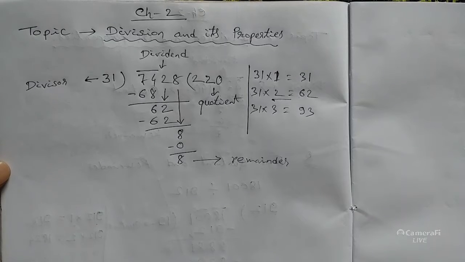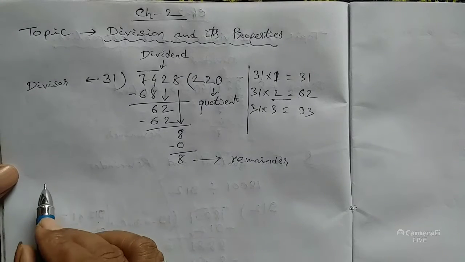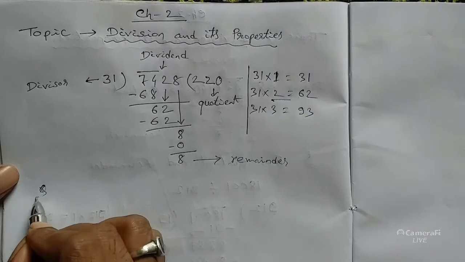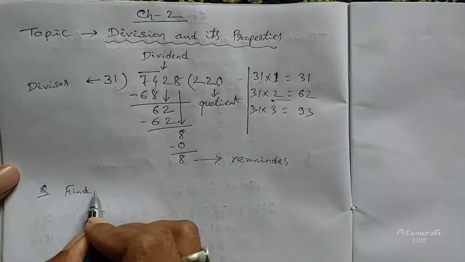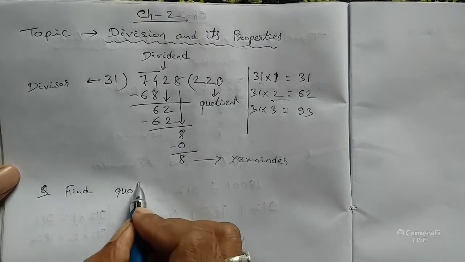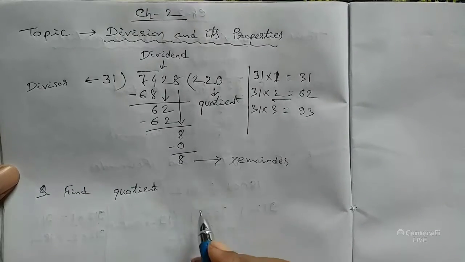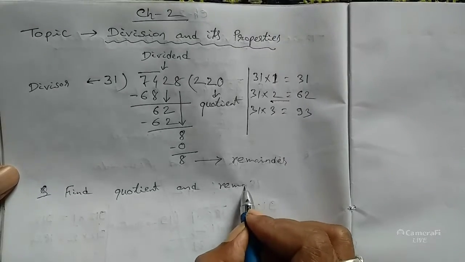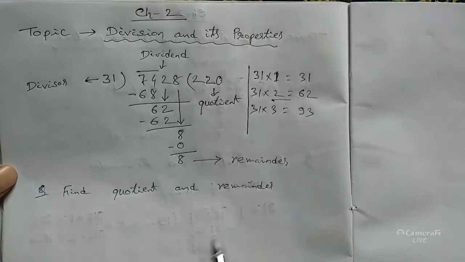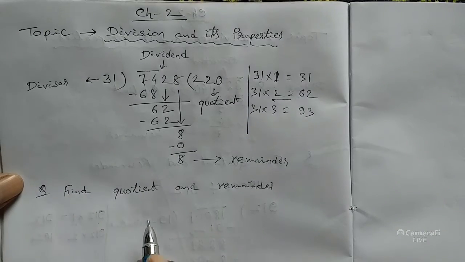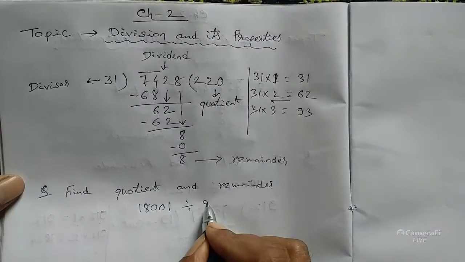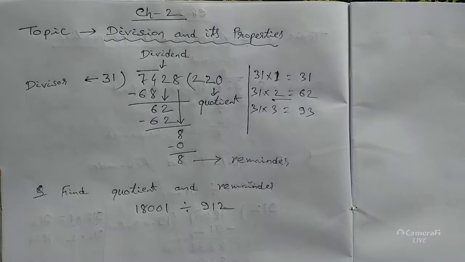Okay, now let us suppose we have to find the quotient and remainder whenever 18001 is divided by 912.